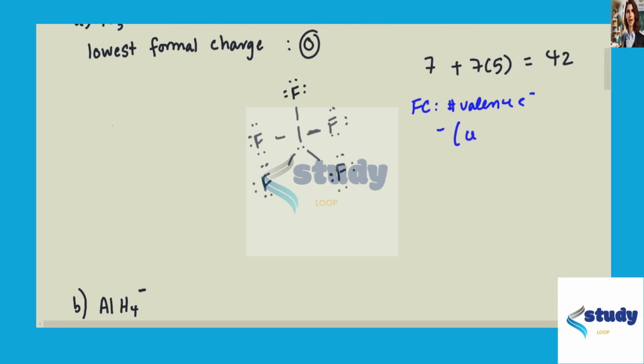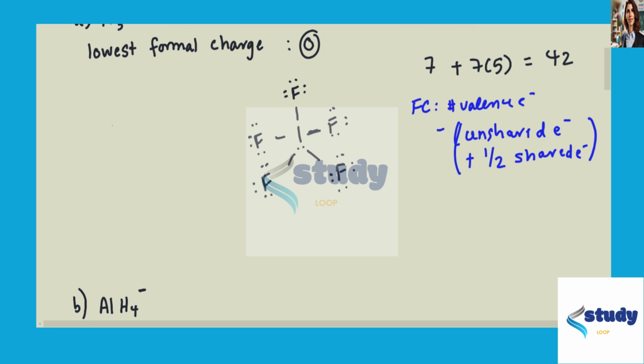So we subtract the number of unshared electrons as the molecule is bonded, plus, so that's within these parentheses, plus 1/2 of the number of shared electrons. And don't get confused. You don't necessarily have to fully memorize this exact equation.